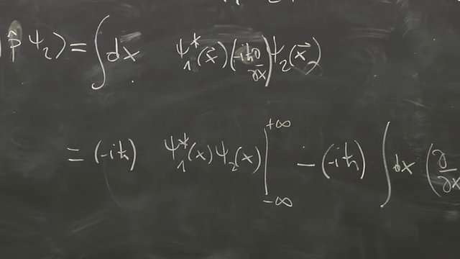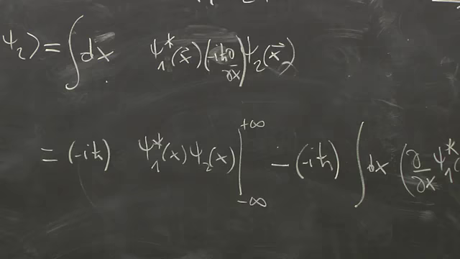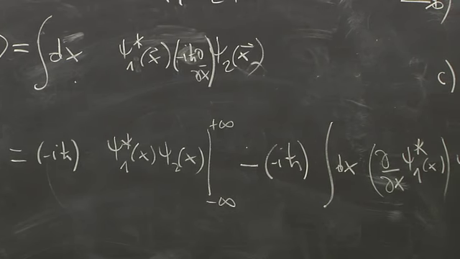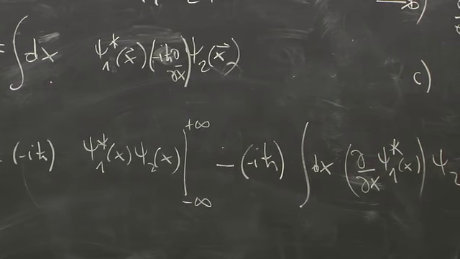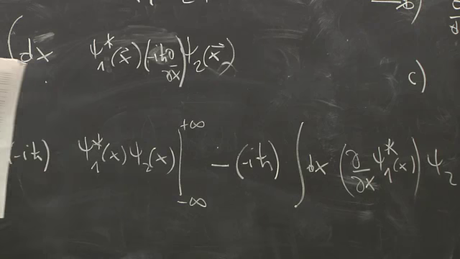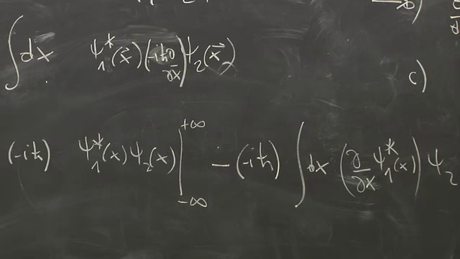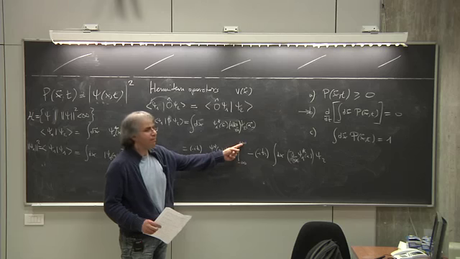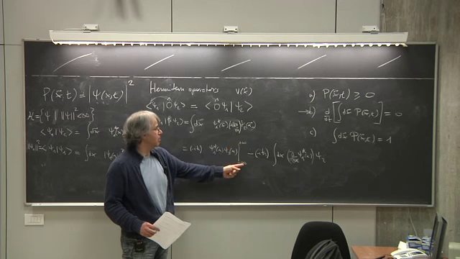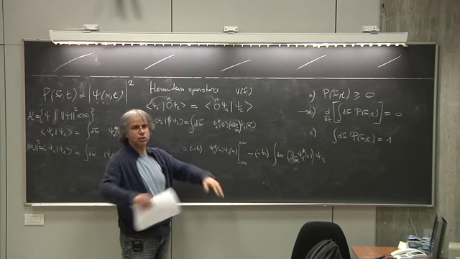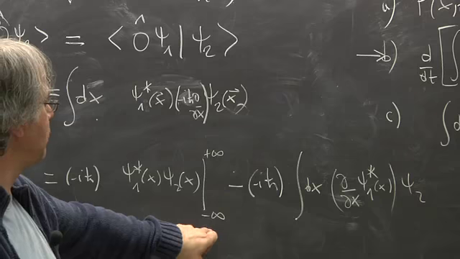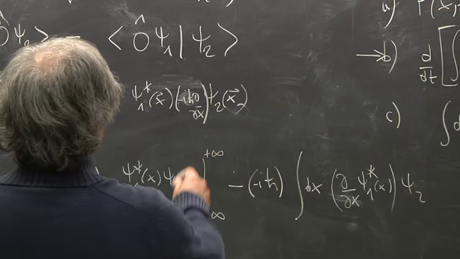This is integration by parts. Now, these functions are normalizable. I am working on the assumption that these are states that are normalizable. Therefore, for very large x or very negative x, both functions should decay to 0. And therefore, this boundary piece is just 0.